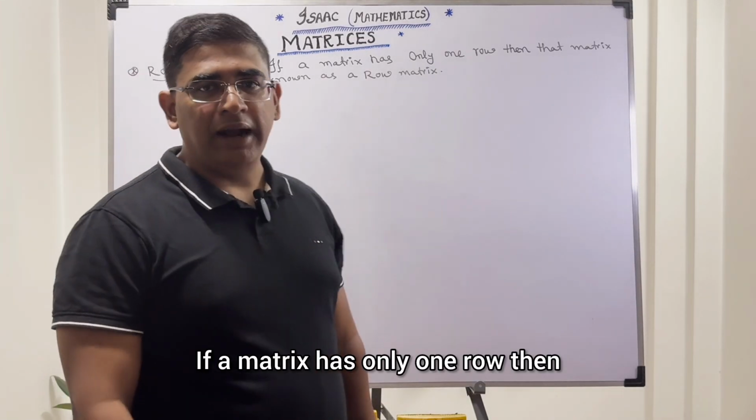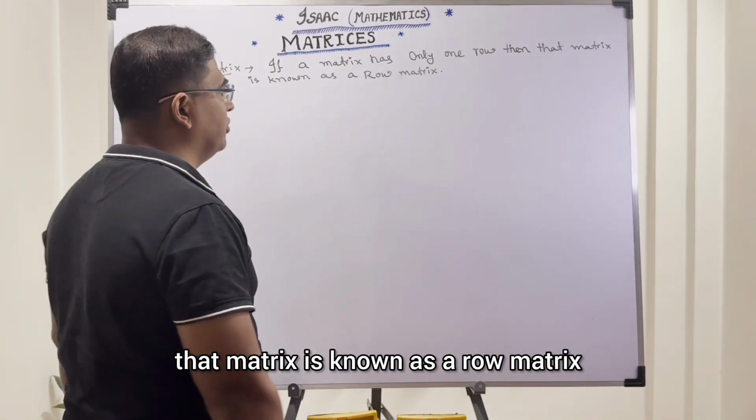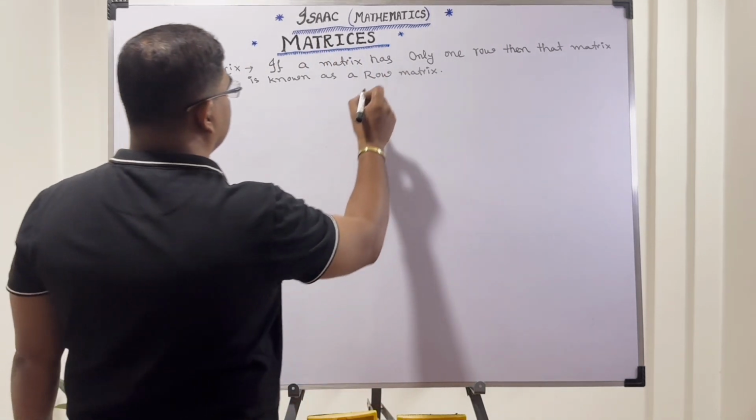Okay, if a matrix has only one row, then that matrix is known as a row matrix.